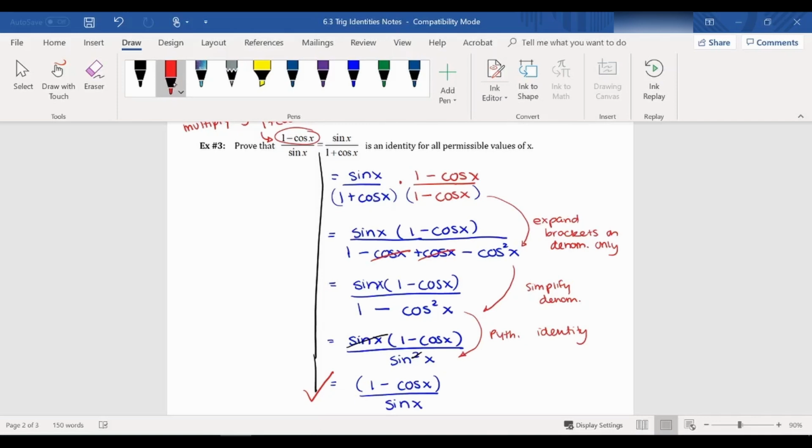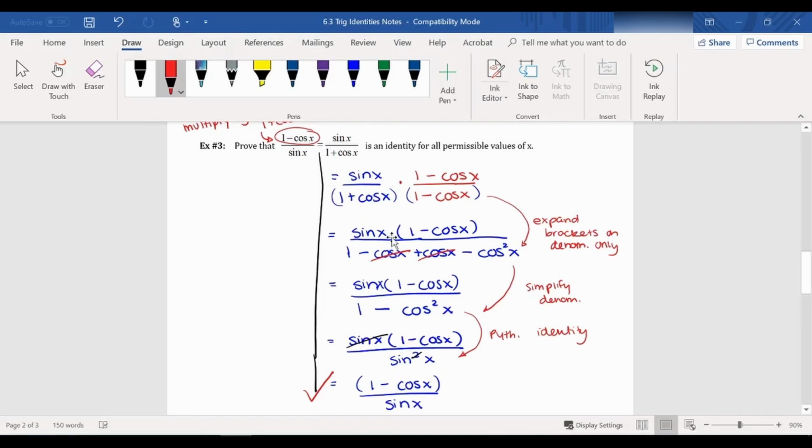When you expand the conjugate parts, you should get a difference of squares, which will then usually, not always, but usually result in a Pythagorean identity you can replace, which will help you simplify with your other part of your fraction. Okay. So if we had worked on the other side, by the time we were done, it would have equaled the right, but we still would have shown that the two sides are equal. Our work would look almost backwards to this, but we would still get the two sides are equal when we're done. Okay.